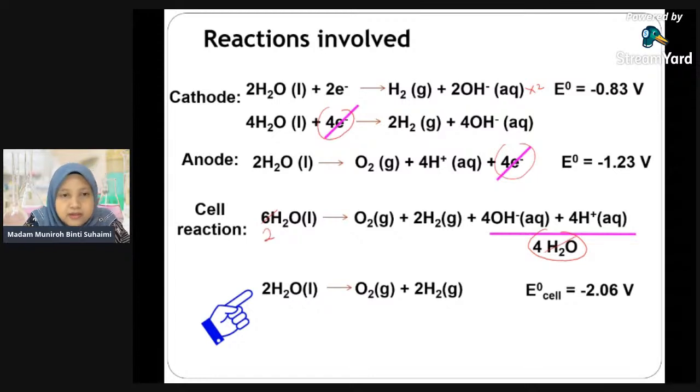Cancel 4 on the right, cancel 4 on the left, so H2O will remain 2. So this equation is simple.